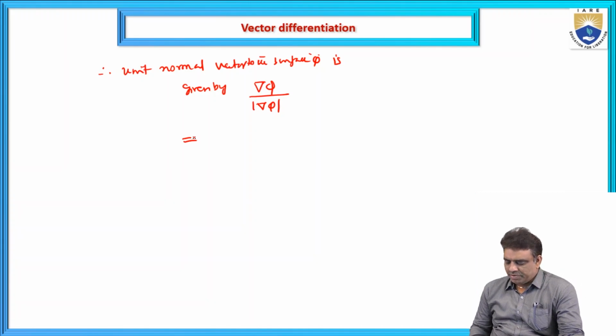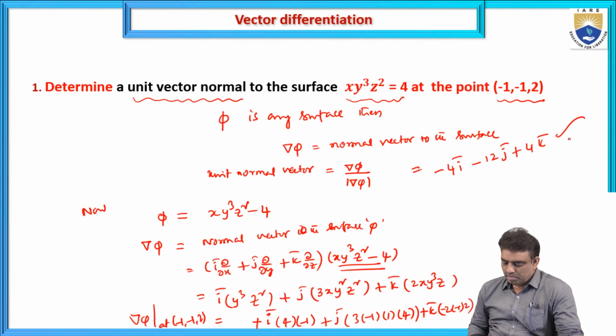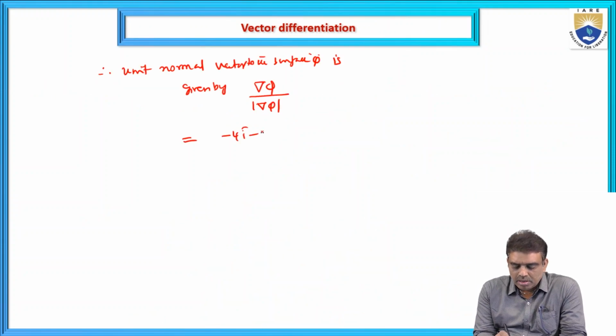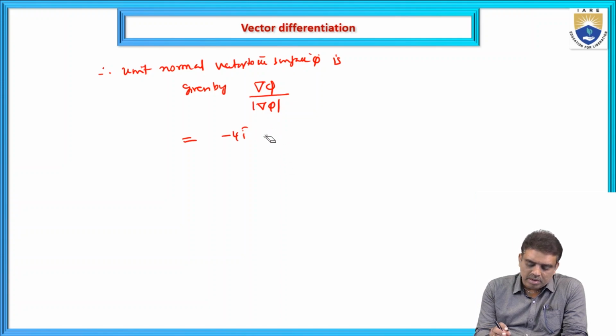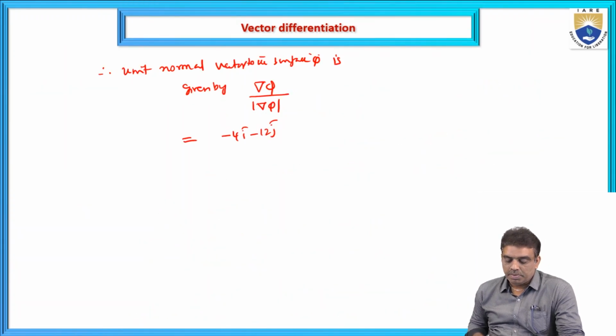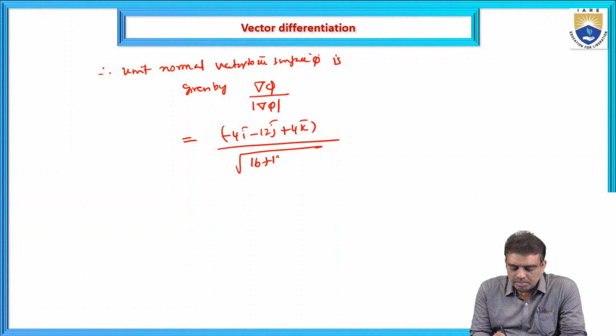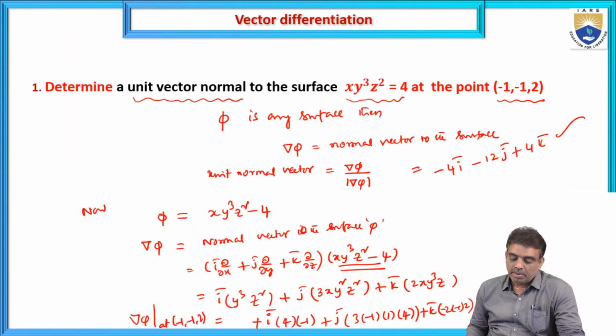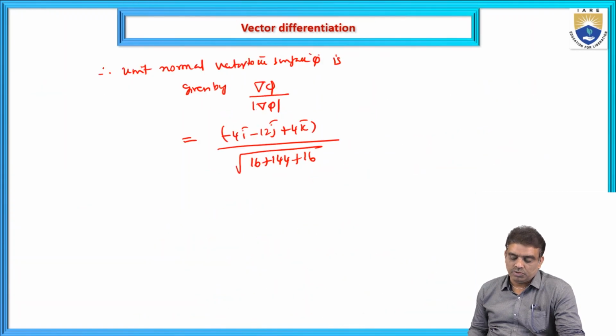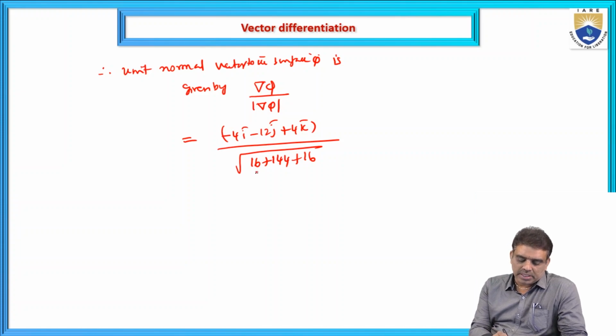Grad phi, already calculated, is minus 4 i bar minus 12 j bar plus 4 k bar, by magnitude of grad phi, that is the square root of 4² (16) plus 12² (144) plus 4² (16).